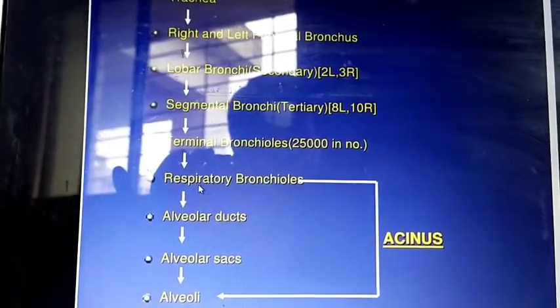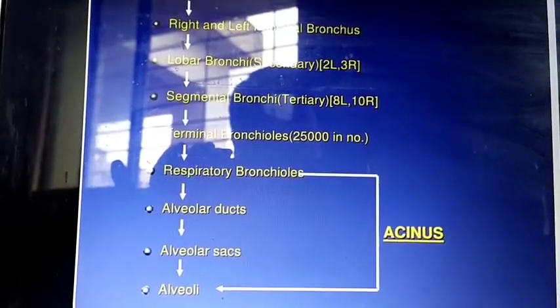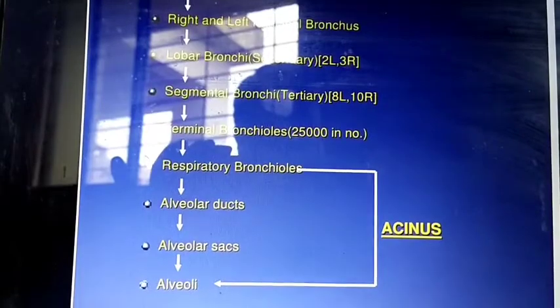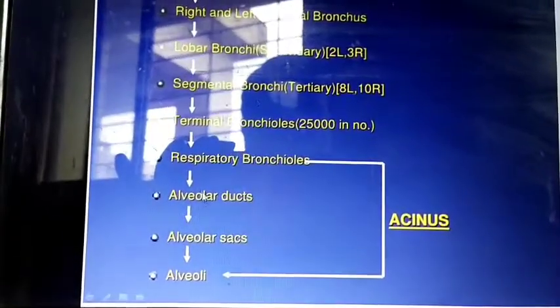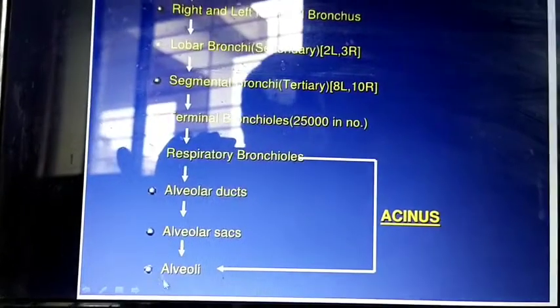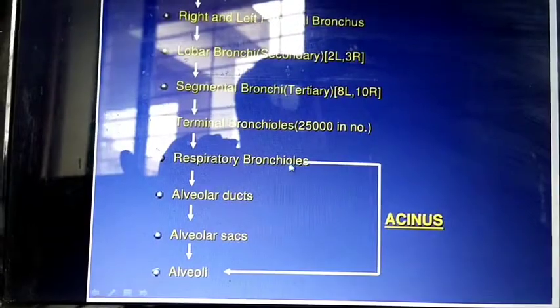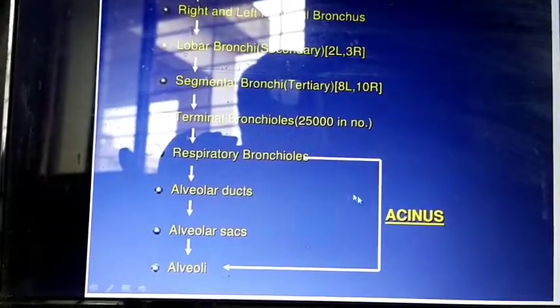The respiratory bronchioles further divide, have branches, and attach to the alveolar ducts. The alveolar ducts have multiple alveolar sacs, and these are formed from the alveoli. Okay, acinus means a group of cells.